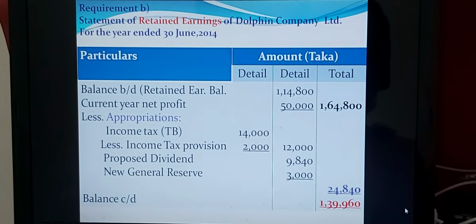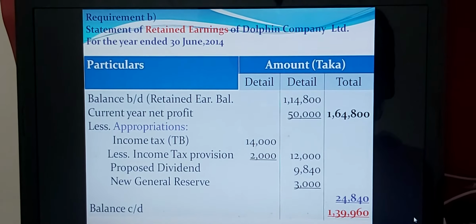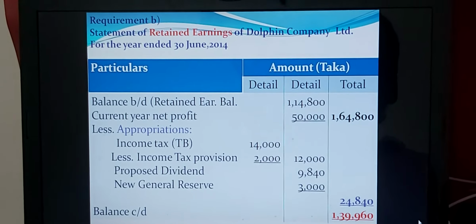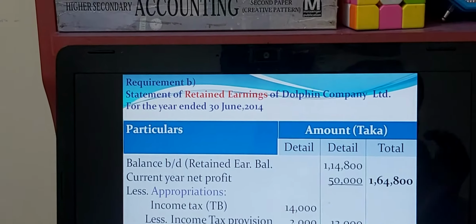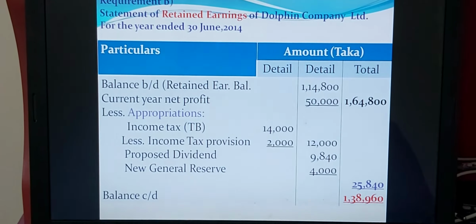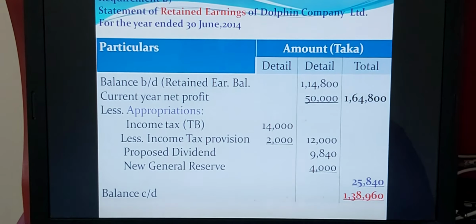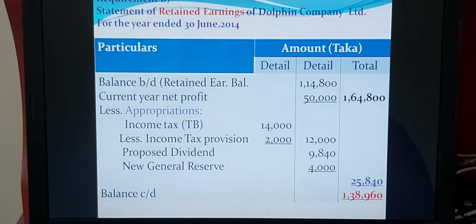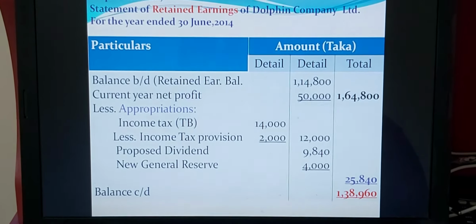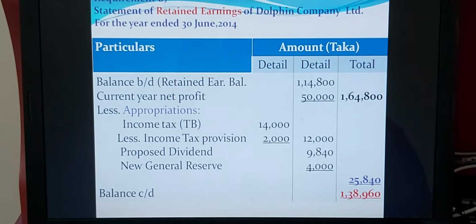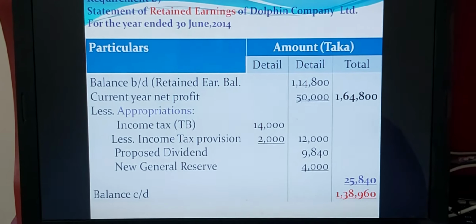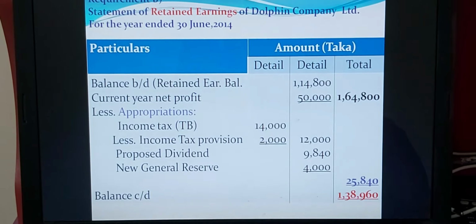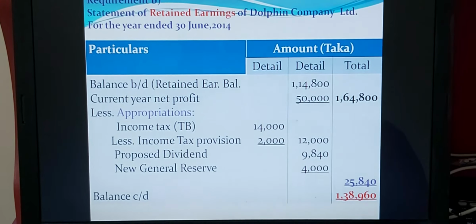So general reserve is to be created by taka 4,000. So total amount of appropriations to be taken in outer column, 12,000 plus 9,840 and 4,000. Total amount of money for appropriations 25,840.